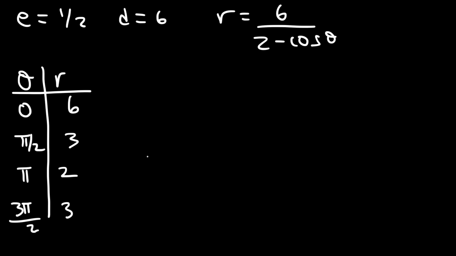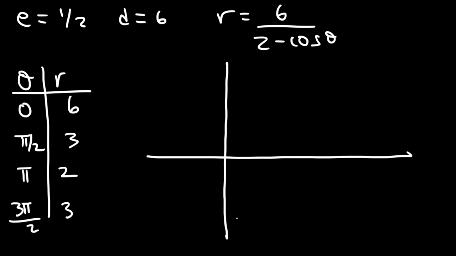Now let's go ahead and graph it. The majority of the graph will be on the right side. So the first point is at 0, 6.